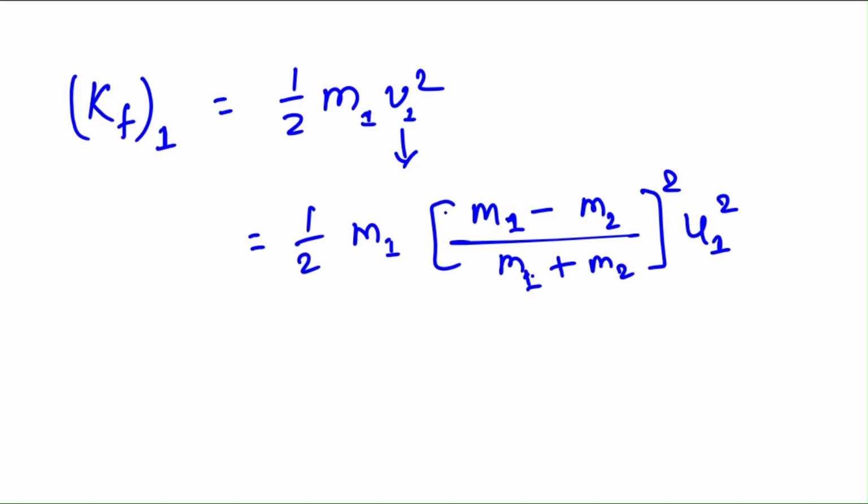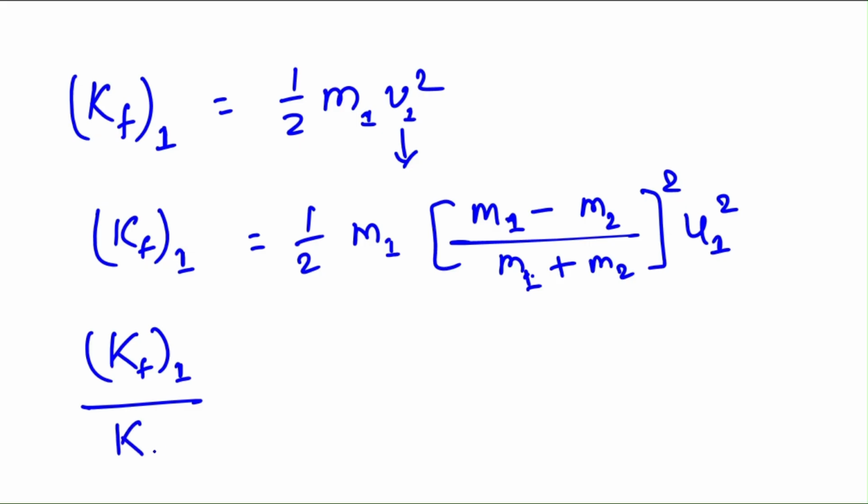Now we can take one more thing here. We can take fraction, or maybe we can get percentage. So if we are trying to check what is final kinetic energy of neutron divided by initial kinetic energy of neutron, for that reason, as you know, look, 1 by 2 m1 u1 square is nothing but initial kinetic energy of the neutron.